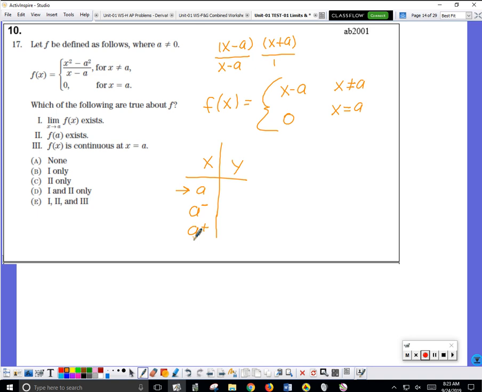This is plus, thank you. How many saw the mistake? So either way, a added to a is going to be 2a. So as x gets close to a, the y-coordinate is close to becoming 2a. That makes this limit 2a.